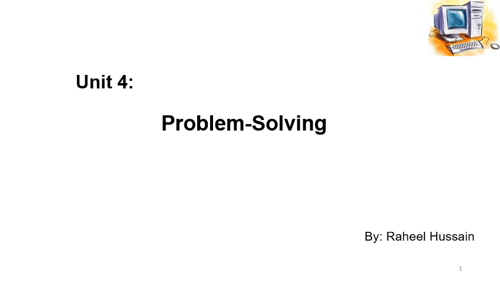We will also see what symbols are used in flowcharts, how these symbols are connected with each other, and what the meaning of each and every symbol is. So all these things will be discussed in this unit. Let's see the introduction of this unit in the coming slide.